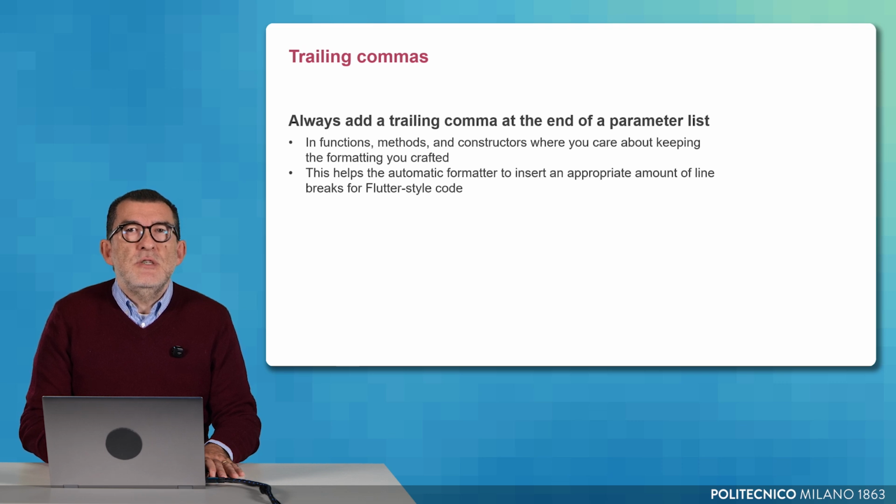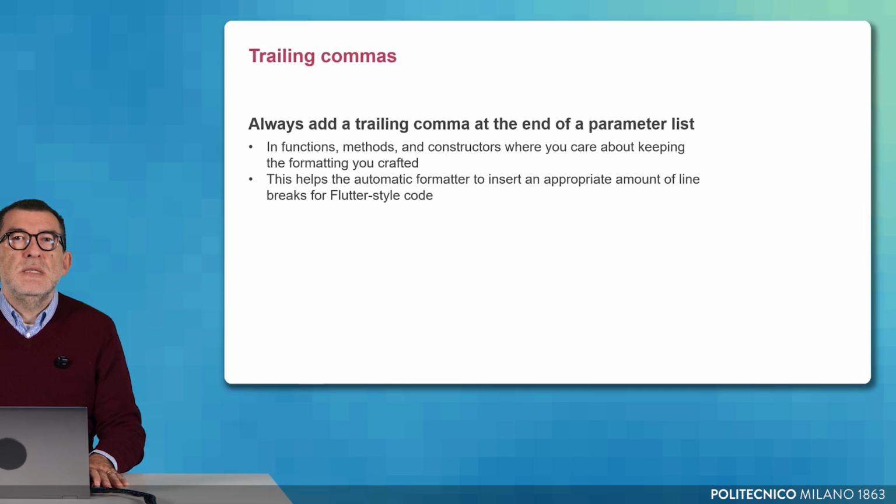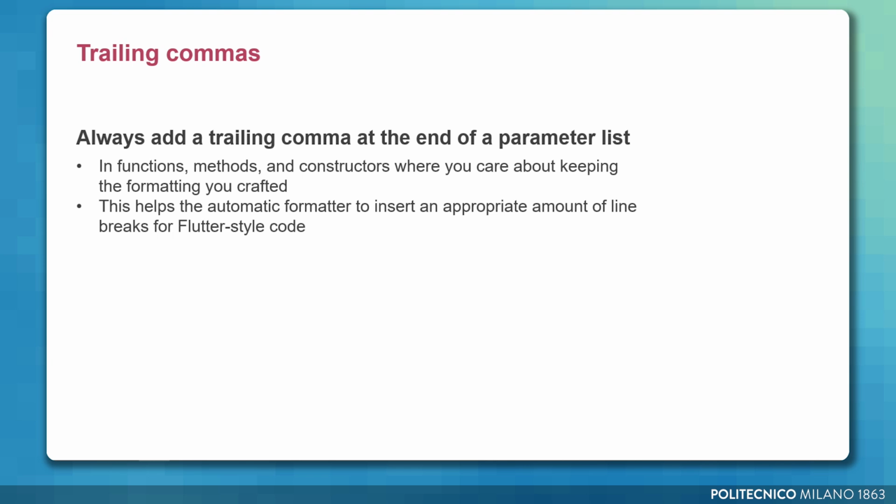Another Dart feature worth noting is its support for trailing commas. Unlike many programming languages where a comma after the last item in a list or argument list would trigger an error, Dart allows and even encourages you to include one. Though optional, using a trailing comma has a practical benefit.